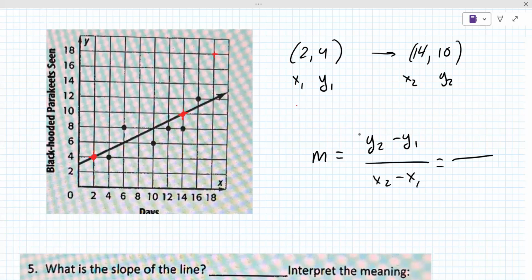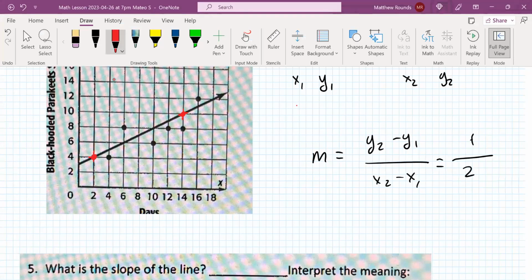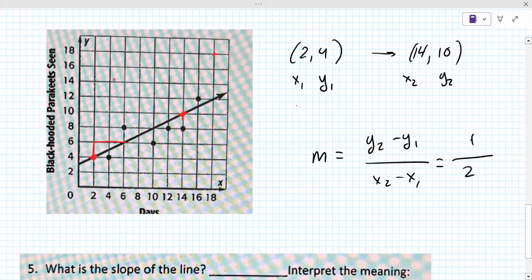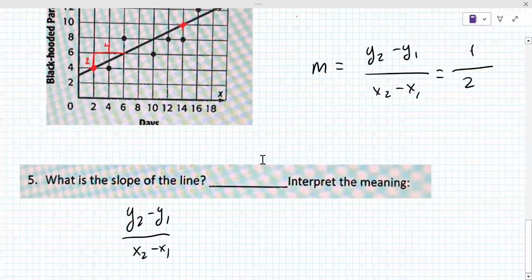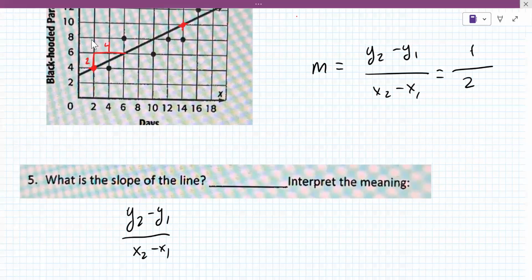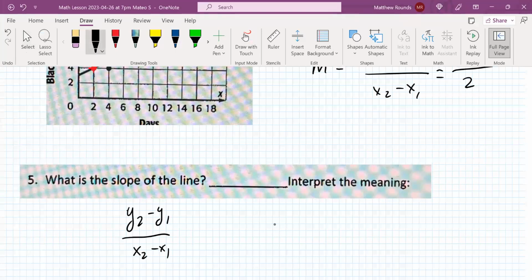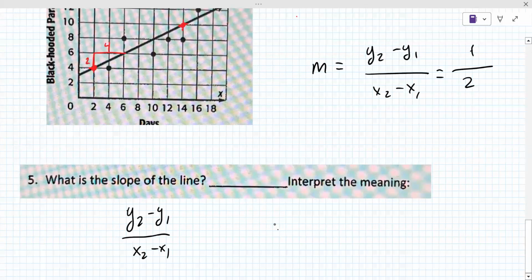Good. And that's consistent with the graph here. You don't want to overthink it. Like if it goes up and then right, in this case, it goes up 2 and right 4. That becomes 1/2. Okay, good. All right. Now, the more important thing is to interpret the meaning. And the meaning is the variables, the unit variables.